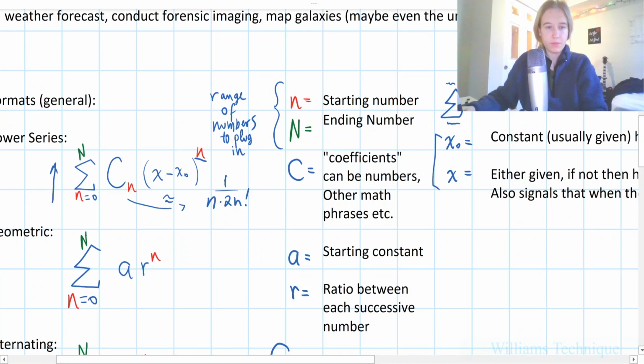So the next one is the geometric series. Again, we sum from n equals 0 to another bigger n. The generic formula for this is the starting constant times a ratio to the power of n, where n is always changing as we count up.